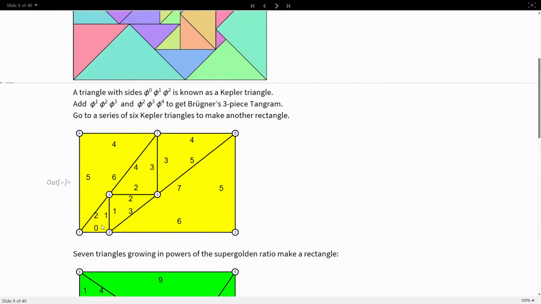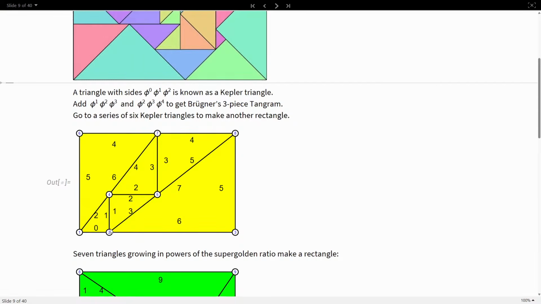And if we take a series of these numbers on the edges, those are powers of the square root of the golden ratio. So when you multiply by the square root of the golden ratio, all of the edges gain 1. So this is one way of spotting similar triangles using powers.